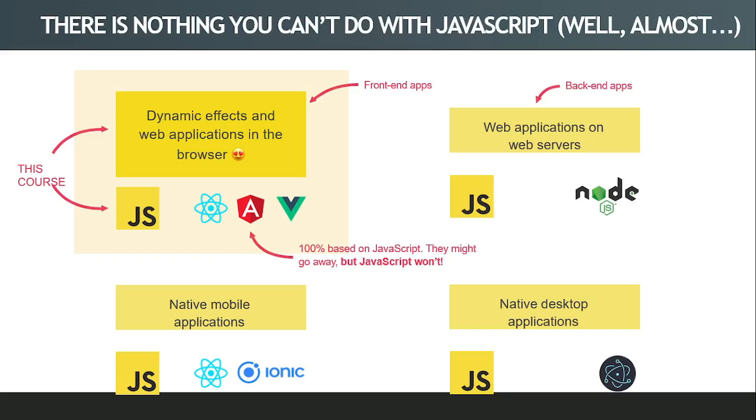We also have Ionic, which can be used to build mobile apps. And for desktop applications, we have Electron.js. So you can see JavaScript is all around. We normally say learn once and build everywhere. You learn once and you're not limited to doing only one thing, but you can build for many more things.